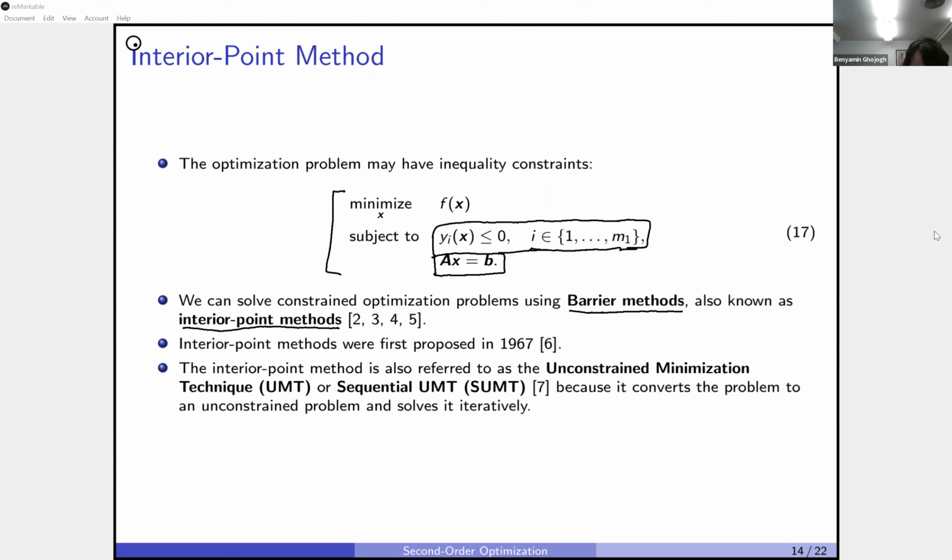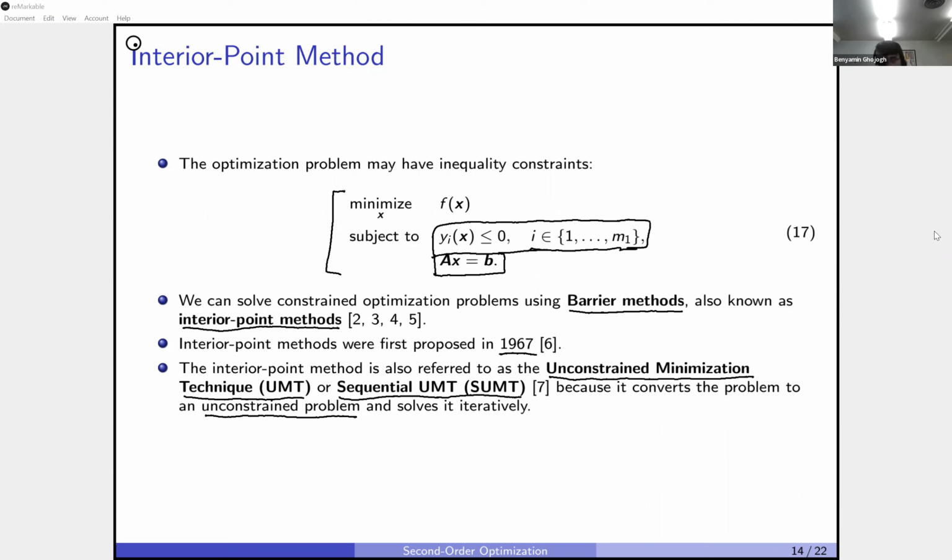Okay. So interior point methods were first proposed in 1967. They are also called Unconstrained Minimization Technique, UMT, or Sequential UMT, SUMT. But why? Because they convert the problem to an unconstrained problem and then solve it iteratively.